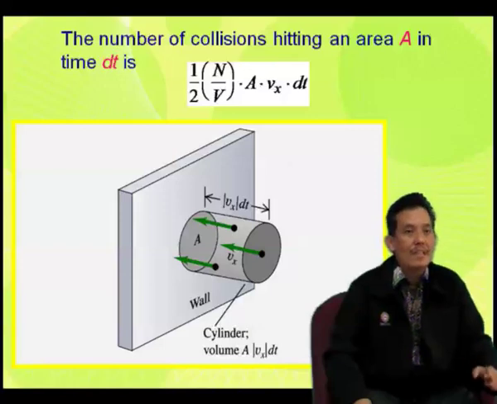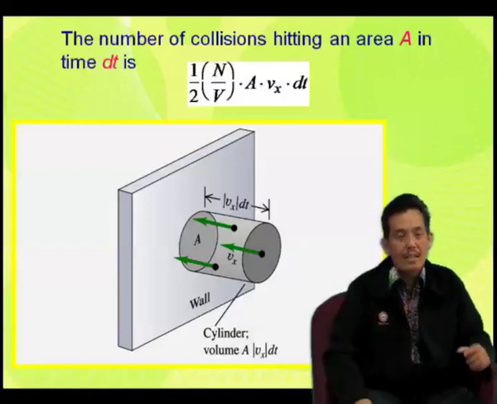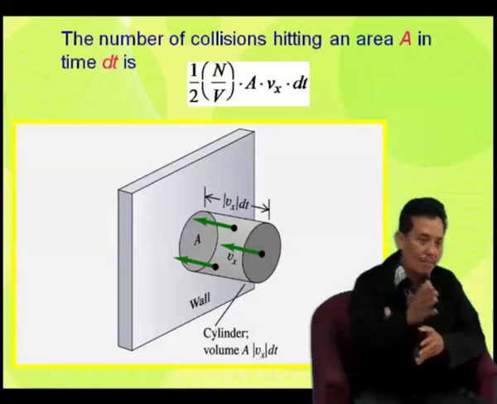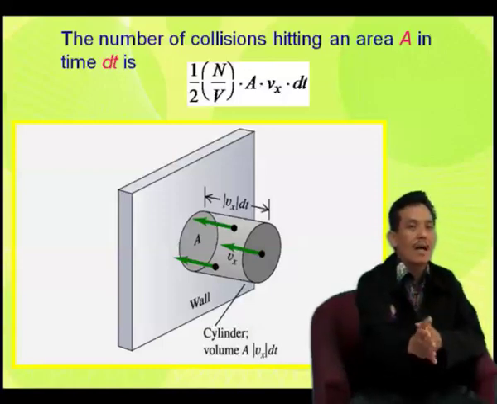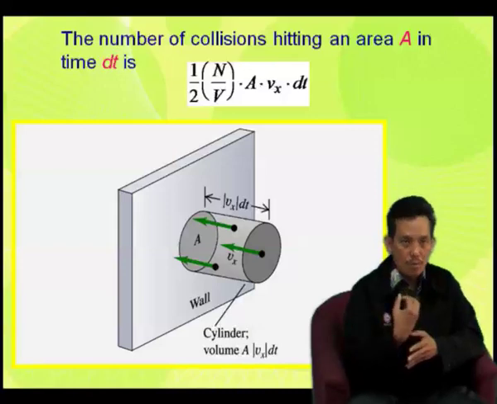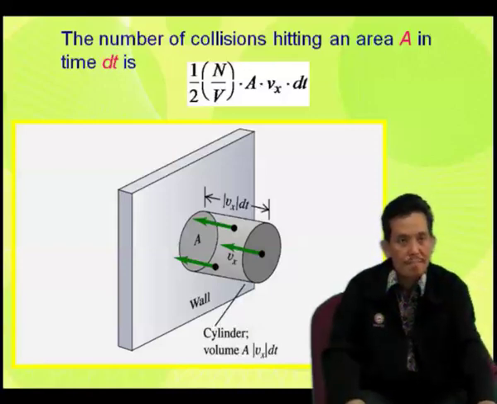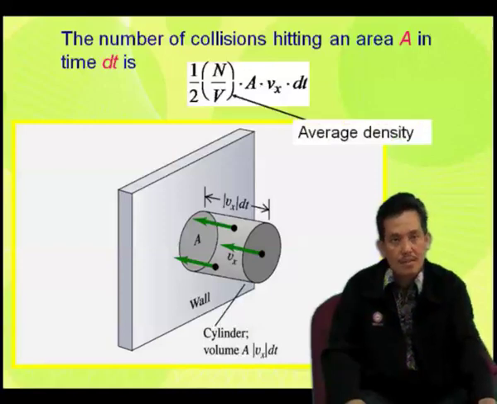And n bar v we call the molecule density, and the half is because the total particles hitting the surface is only half, because half move toward the surface and half of the molecules move away from the surface. So this is the average density of the gas.